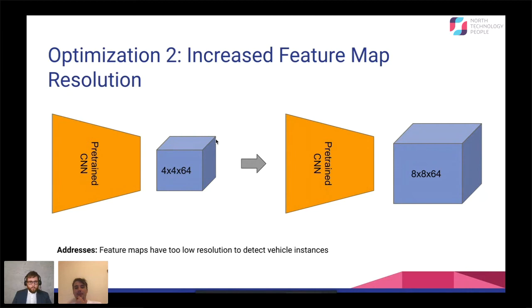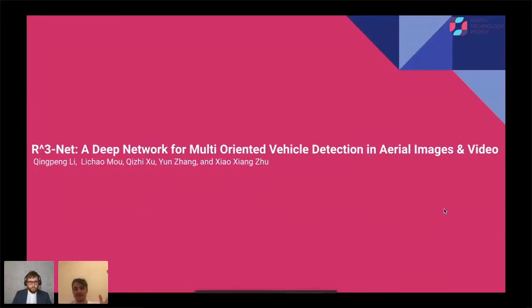So we lose some of the spatial information by downsampling it like that. And when we're dealing with small object instances, we want a higher resolution. So the second optimization that worked really well is just to use earlier layers in the convolutional neural network that have a higher spatial resolution. So that was the first paper.